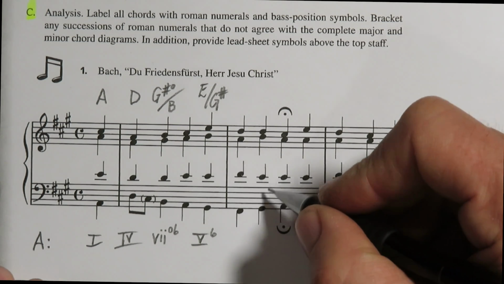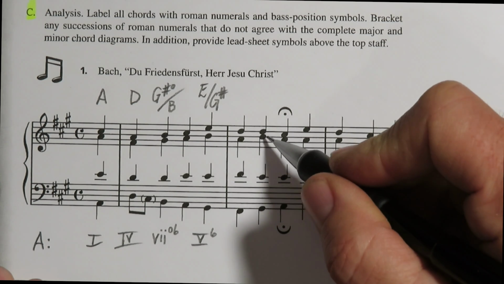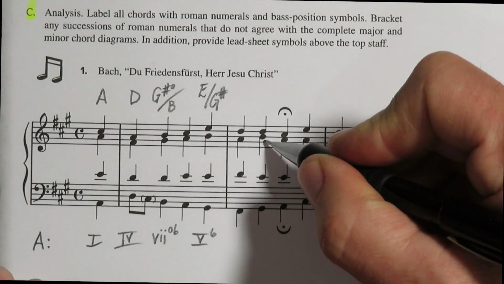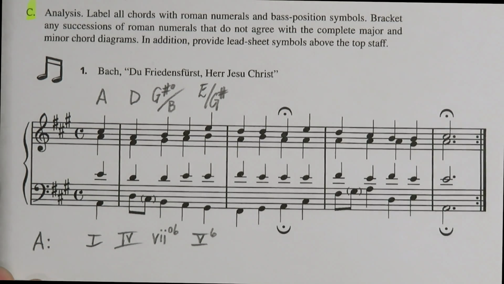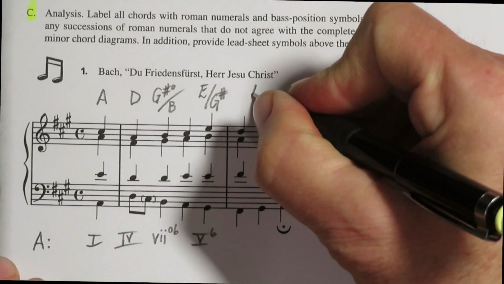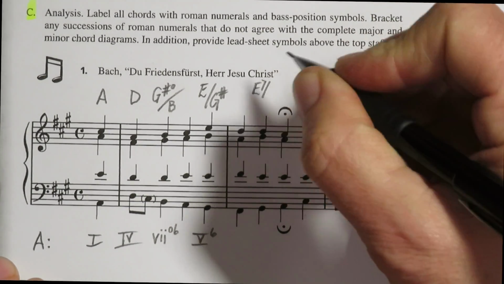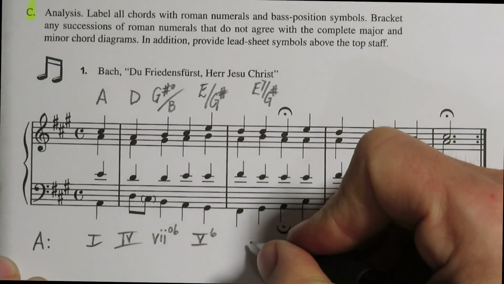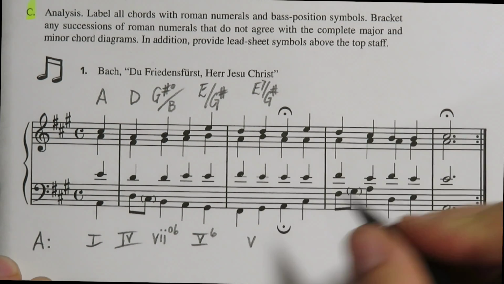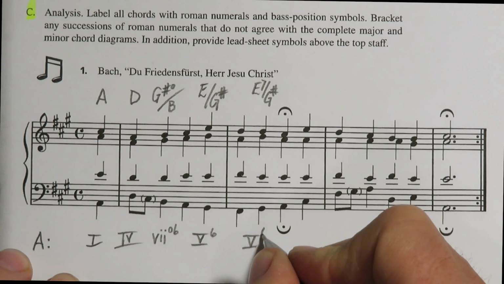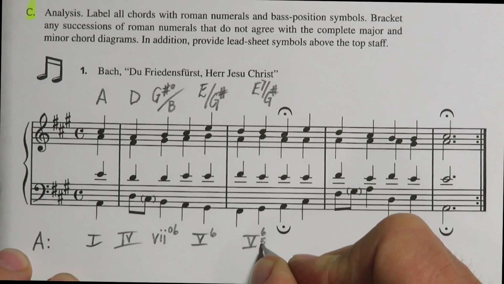We have the G sharp, the E, the B, and the D. So if we stack that up, E, G sharp, B, D, we have an E7 over G sharp. Okay, so let's put that E7 over G sharp, and that is a 5 chord, but since it's a 7th chord, you have to indicate that by using a 6-5.